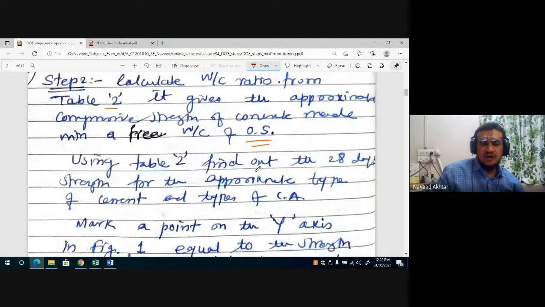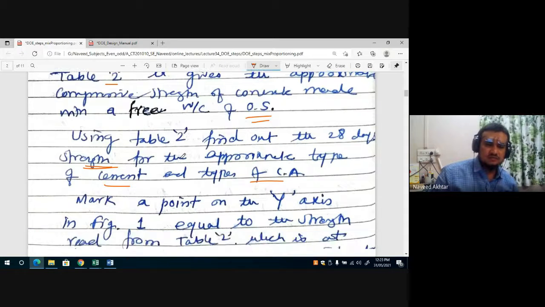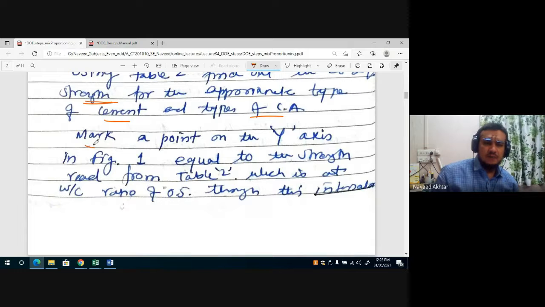Using table number 2, find out the 28 days strength for the approximate type of cement and type of coarse aggregate. Based on the type of cement and type of aggregate, you can choose the 28 days compressive strength from table number 2 of this DOE method. Then mark a point on the y-axis in figure 1.